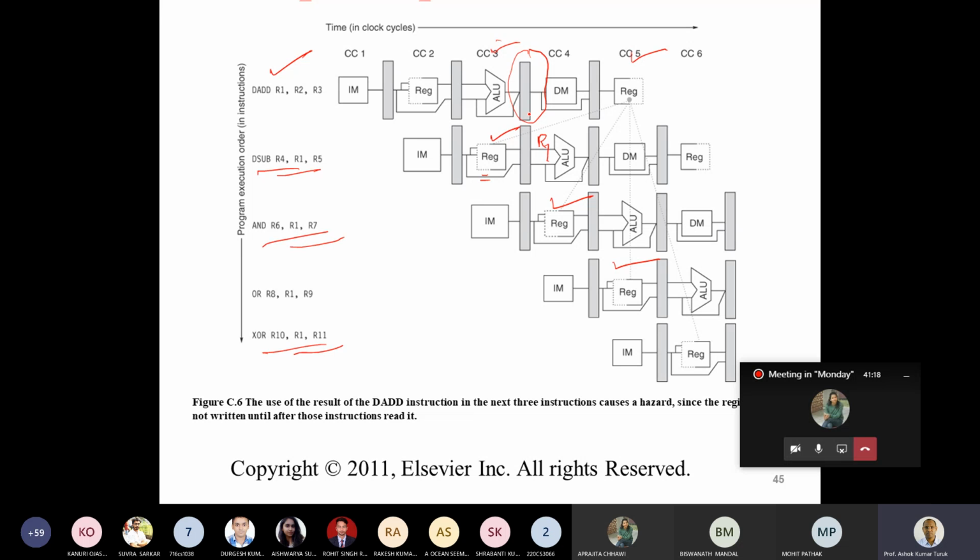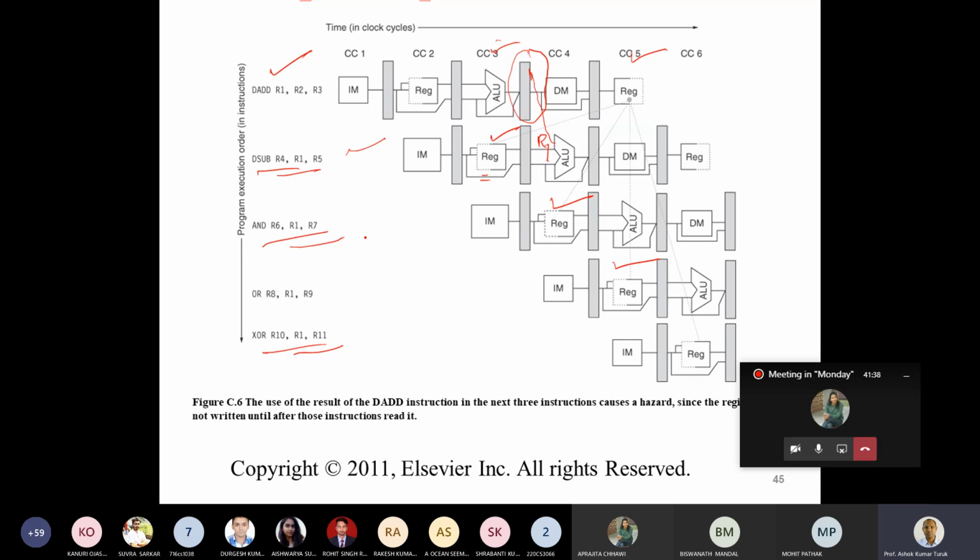So from this pipeline register, you can send it to the input of the ALU. A mechanism can be built in where it is directly sent, and so the hazard can be avoided.